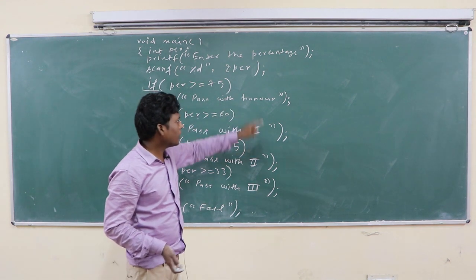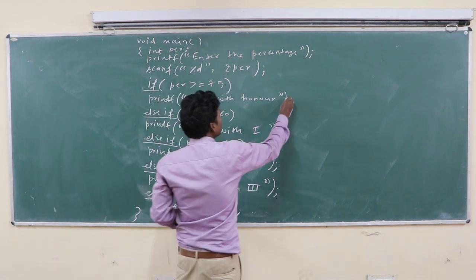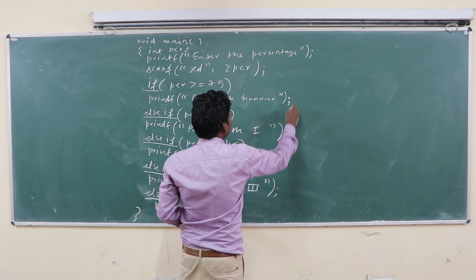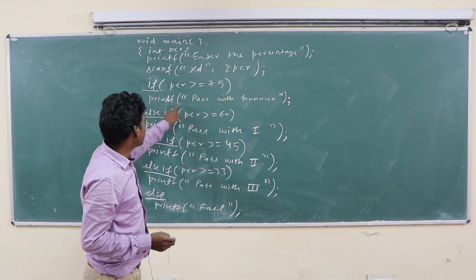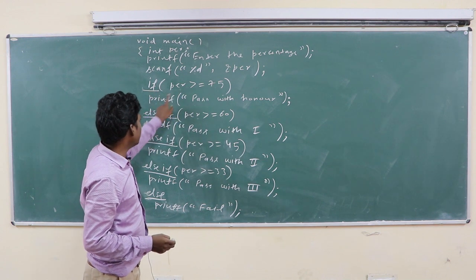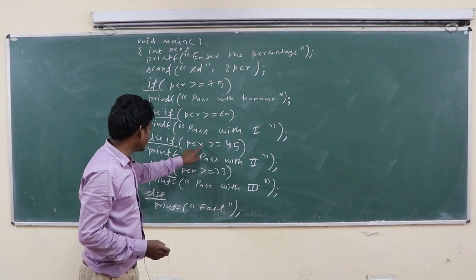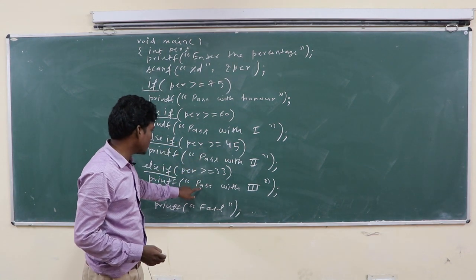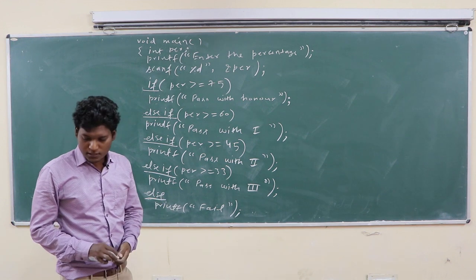Printf is a statement because a statement is always terminated by a semicolon. So any line terminated by a semicolon in a program is called a statement. If condition statement, else if condition statement, else if condition statement, many times, and in the last that is the else.